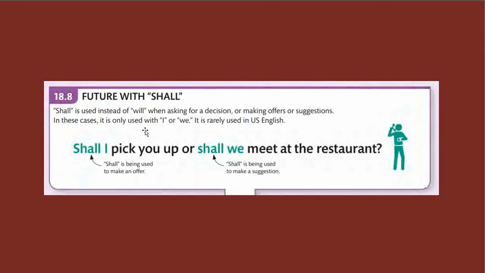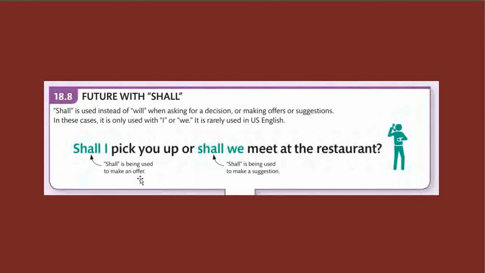Let us see one such construction. Shall I pick you up? Shall is being used to make an offer over here. Or shall we meet at the restaurant? Shall is being used to make a suggestion.